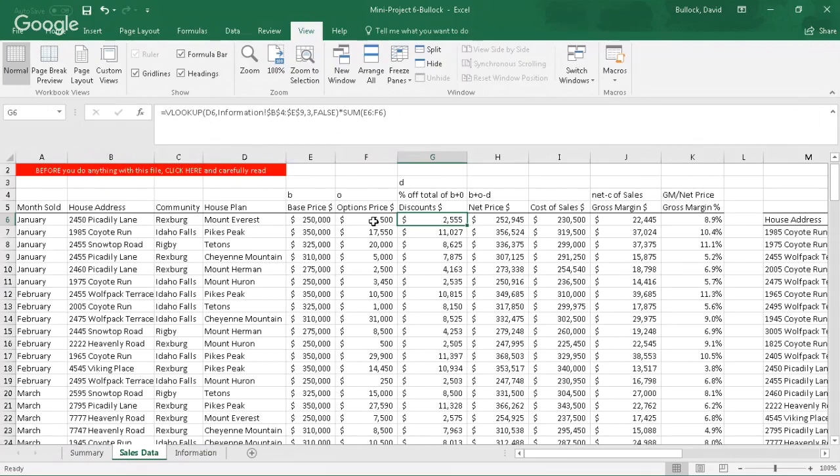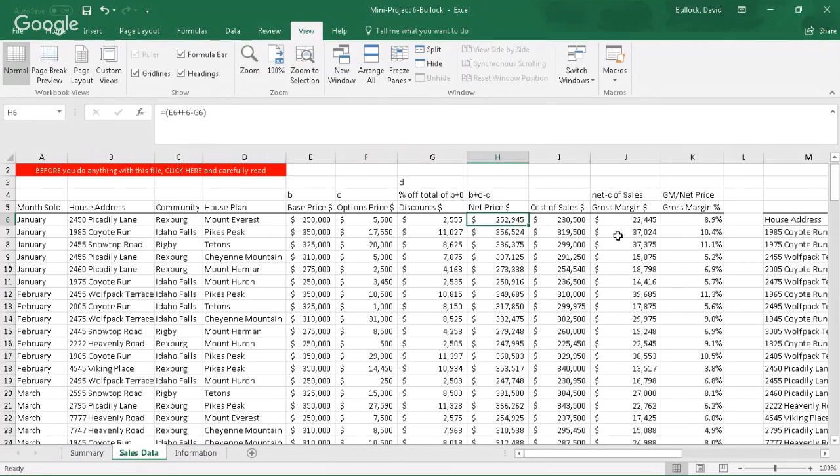And I did not anchor those either, so it would move down as I went. So copy that on down. Then, of course, net price is just an equal to the base option minus discount, right? I didn't have to do a VLOOKUP there.